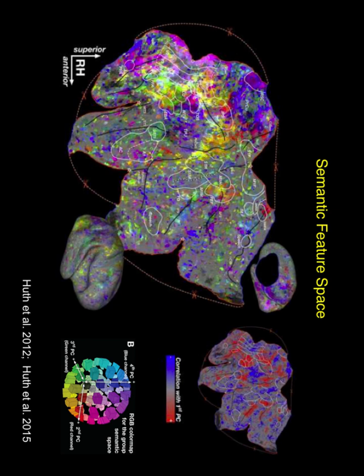But when you include these other variables, you see that it's much more smoothly transitioning, because the world isn't just animate, inanimate. There are other pieces of information that map onto that same trajectory. So if you only have 2 dimensions or even 1, you get these distinct patches of cortex. But when you go into a more 3, 4, 5-dimensional world, which we live in, it gets more complicated.